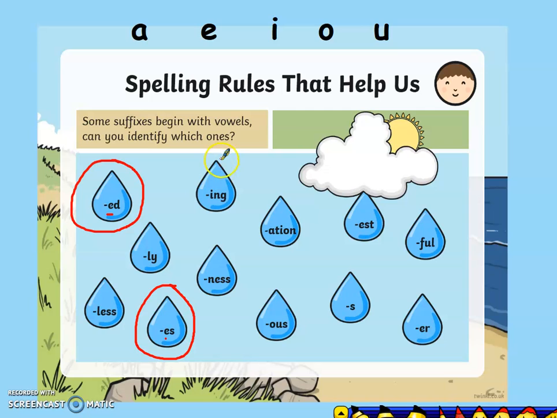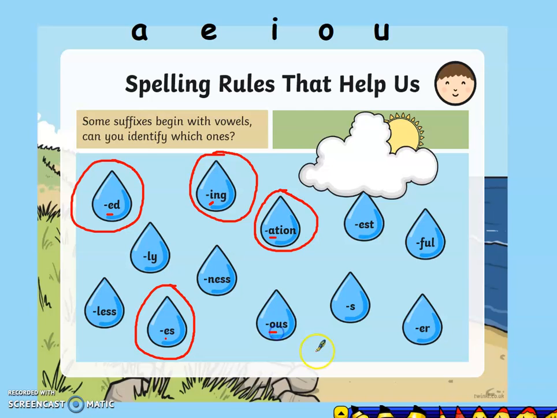Ing. Ing begins with an I. We've got our I up here. I is, of course, a vowel. Asian begins with an A. Is A up at the top? Is that a vowel? Yes, it is, so we can circle that raindrop. O-U-S.